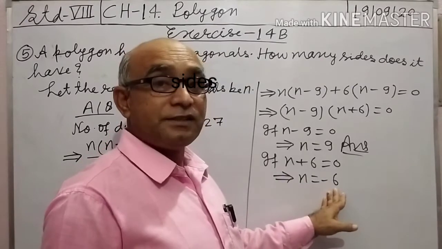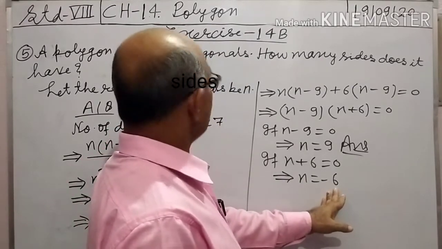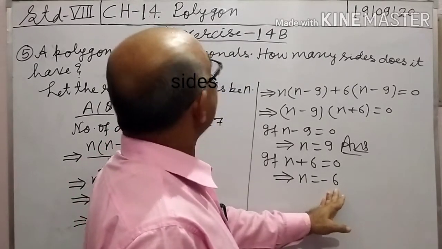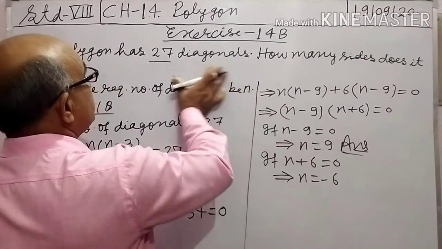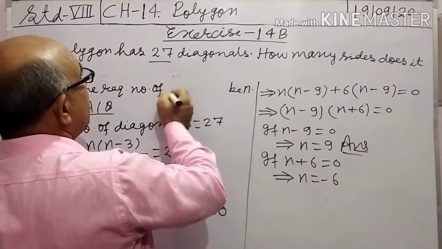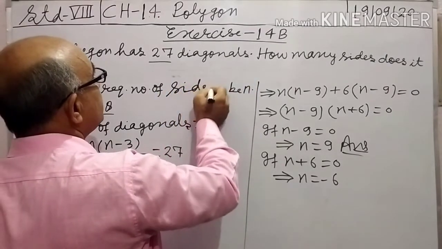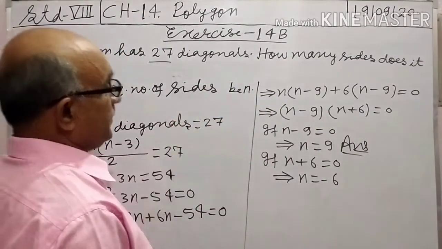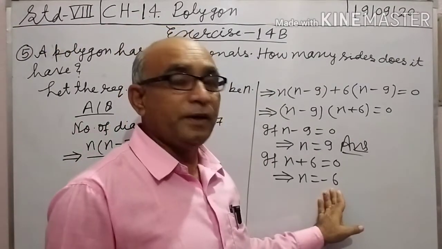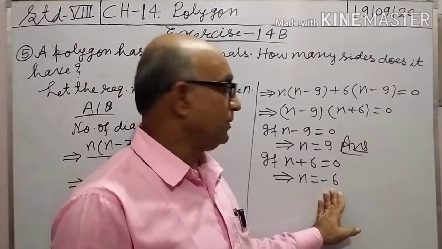The number of sides is negative, which is impossible.